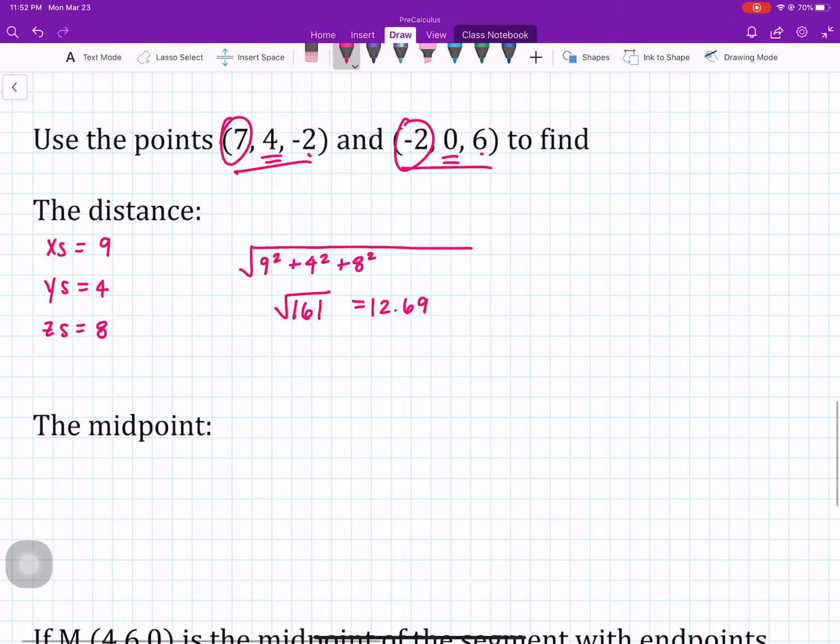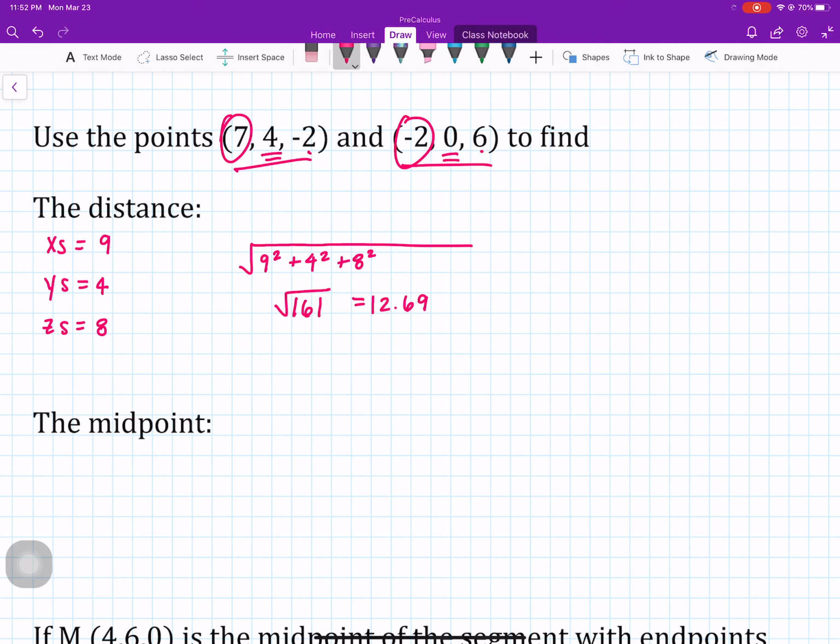To find the midpoint, we just average. So when you average, you add. So 7 plus negative 2, and then we divide by 2. 7 plus negative 2 is 5 over 2. And then for the y's, we do 4 and 0. So 4 plus 0 divided by 2.